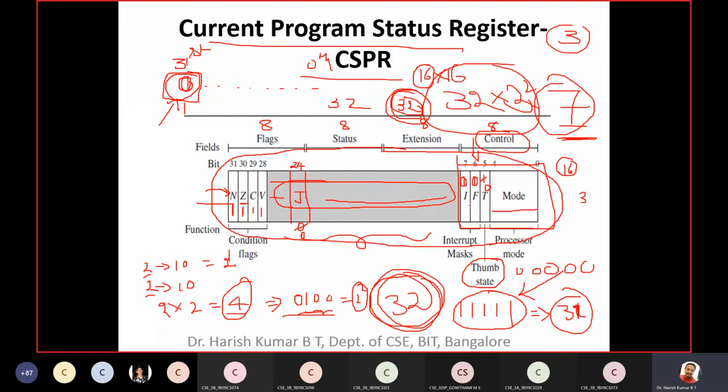That means when you're operating the ARM processor or microcontroller in the non-privileged mode, if this bit is 0, you can only read it, but you cannot change it to 1. That means you cannot make your processor ignore interrupts when it is operating in the non-privileged mode. Only in the privileged mode can you make it ignore the interrupts, because in the privileged mode you have access to change these 2 bits. In the non-privileged mode, you don't have the access.